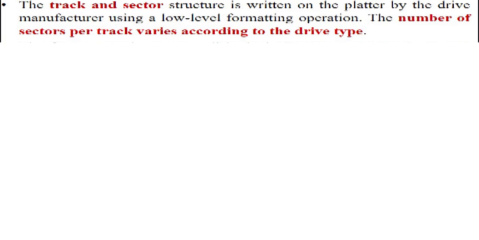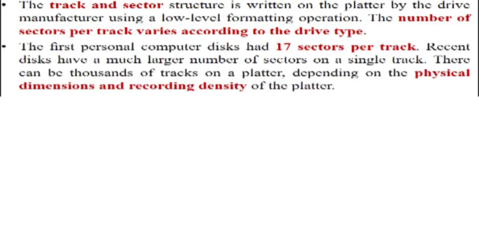The number of sectors per track varies according to the drive type. The first personal computer disk had 17 sectors per track. Recent disks have a much larger number of sectors on a single track. There can be thousands of tracks on a platter depending on the physical dimensions and recording density of the platter.